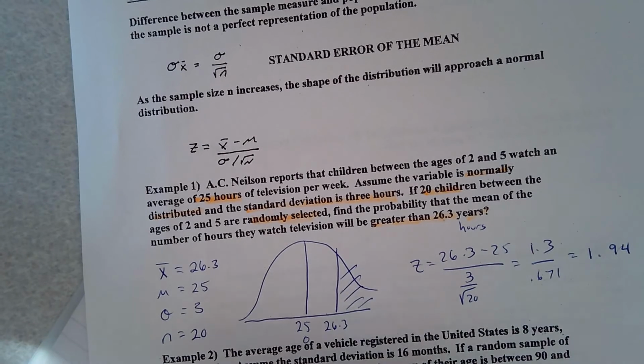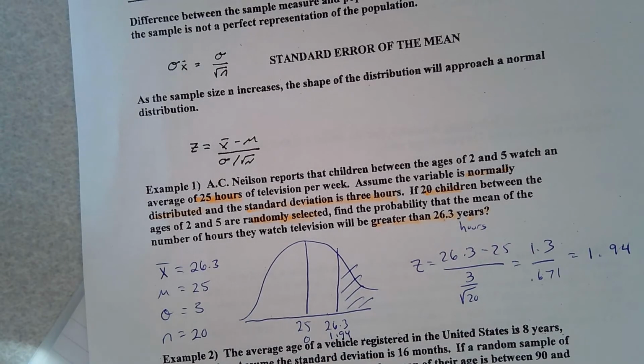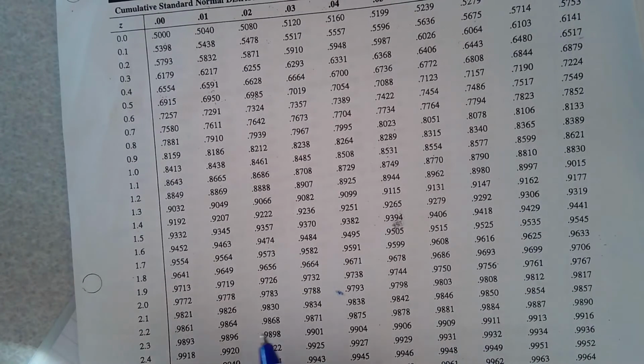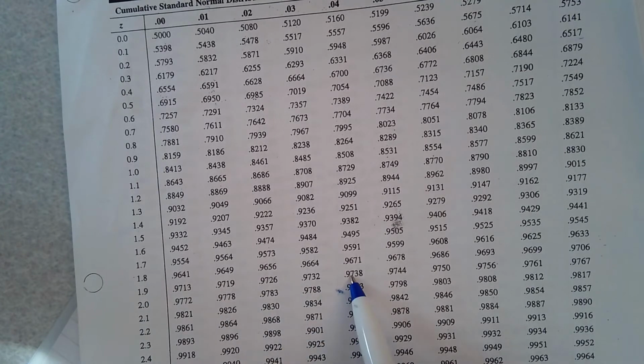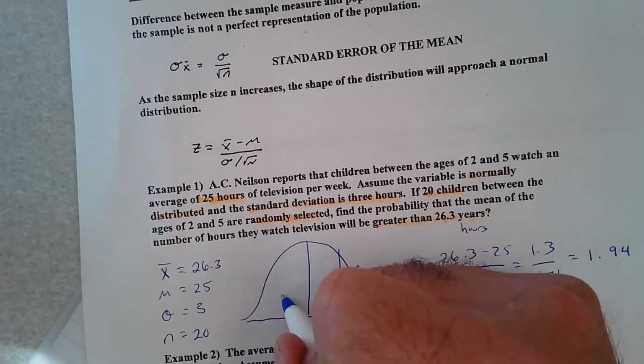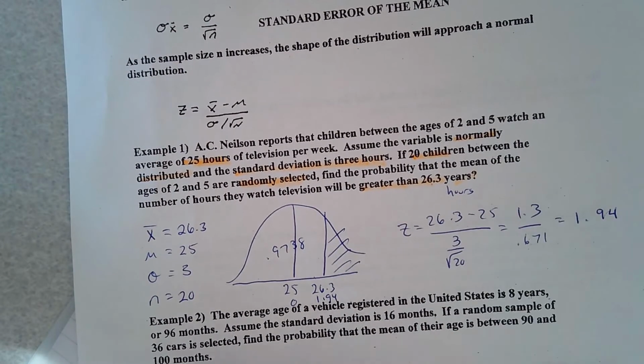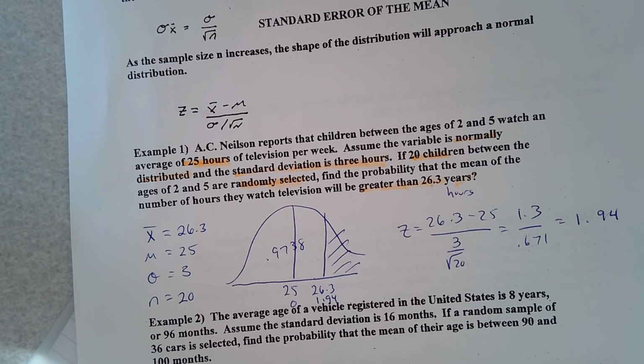Just like we've been doing, once we know our z-score, we're going to look that value up in our table. For 1.94, the area to the left is 0.9738. That would be the probability that they would watch less than 26.3 hours.